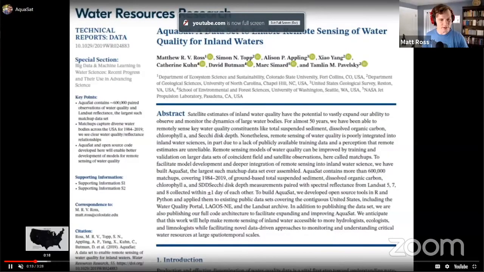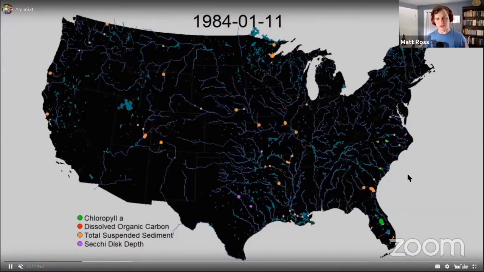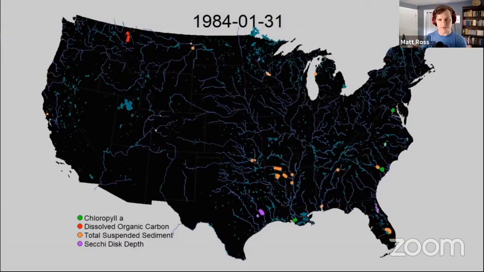This paper is now published, but basically we took the Water Quality Portal, which has been assembled, and every time something flashes tan or purple here, people were taking samples out in the field of either chlorophyll a, dissolved organic carbon, total suspended sediment, or Secchi depth.